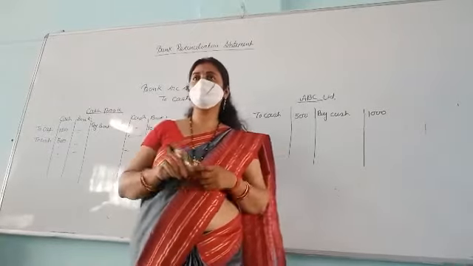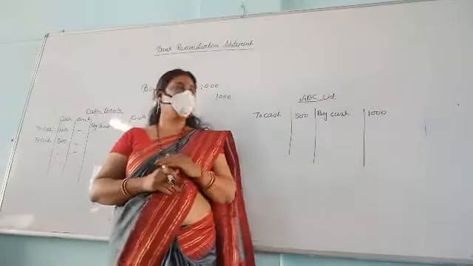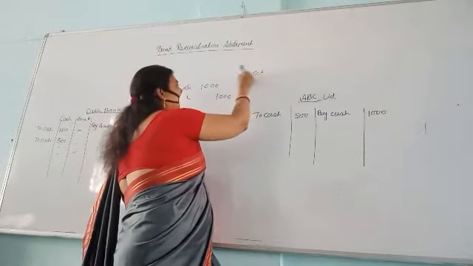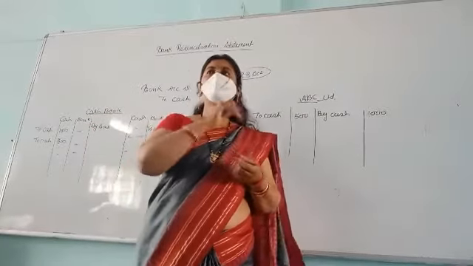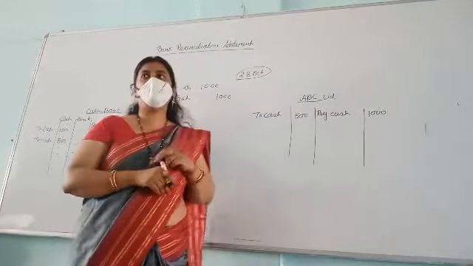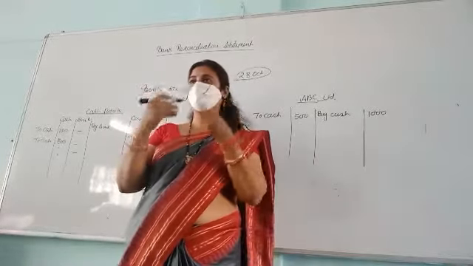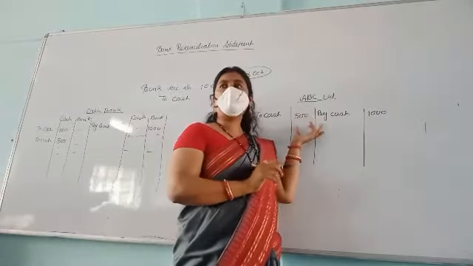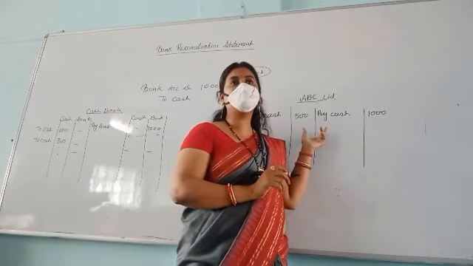How does this time gap arise? Suppose I have issued a check to my creditor on the 28th of October. As I have issued the check, on the same day, the 28th October, I will credit my cash book because I have given the check to you. But our bank passbook does not show the debit. Why does it not show the debit?